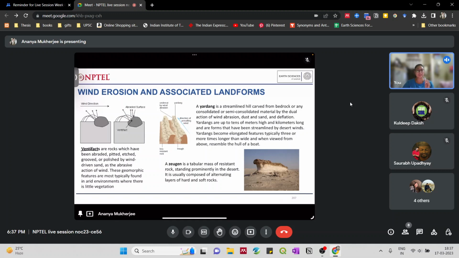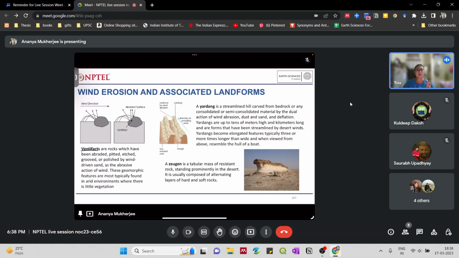These cavities are formed due to the rock getting abraded, etched and grooved by sand-size sediments which are being transported by the wind. These sediments are causing the abrasive action on the rock exposure.